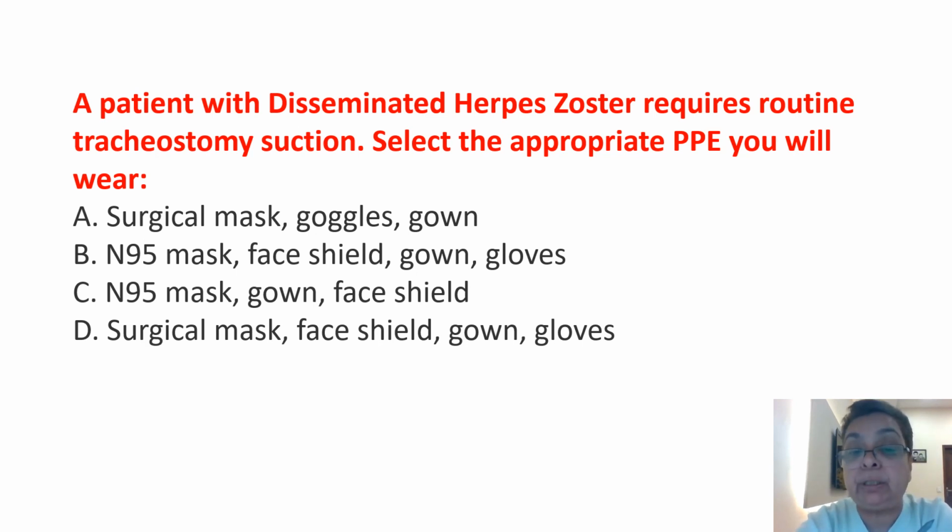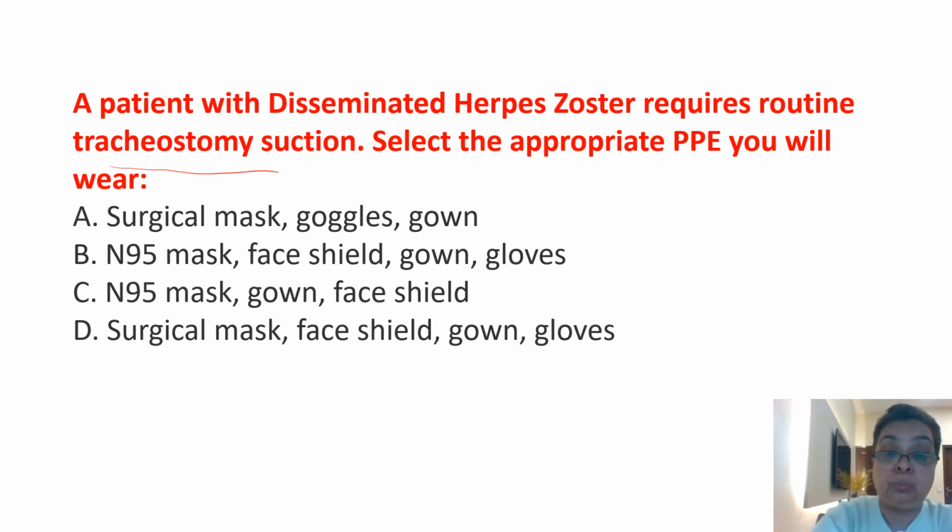A patient with disseminated herpes zoster requires routine tracheostomy suction. Select the appropriate personal protective equipment you will wear. So first of all, what are we going to remember? That for herpes zoster, we require airborne precautions. We also require contact precautions.